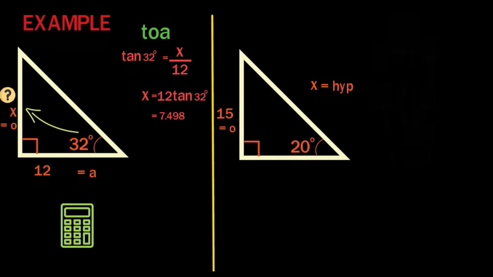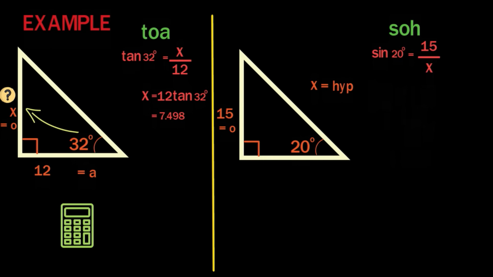Then we know that x is the hypotenuse, so we have H and O, so we are going to use SOH. So sine 20 degrees equals opposite, which is 15, over hypotenuse, which is x.